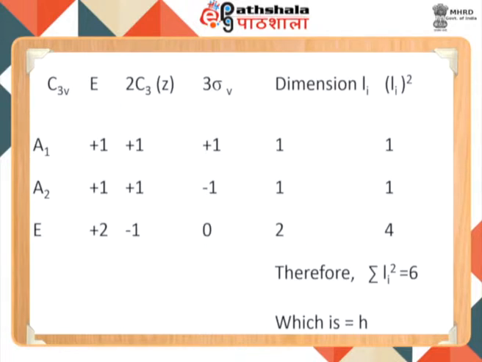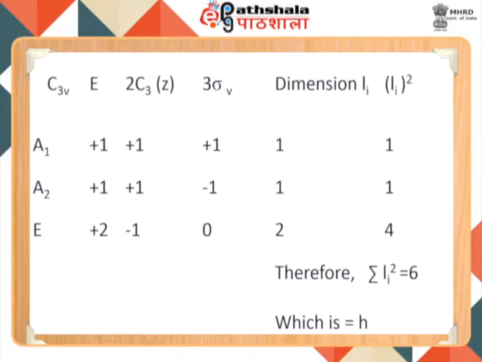And the last column gives li squared. That is, dimension 1, its square is 1. A2 dimension is 1, square is 1. Dimension of E is 2 and its square is 4. So 1 plus 1 plus 4 is equal to 6. That is, it is the order of the group.